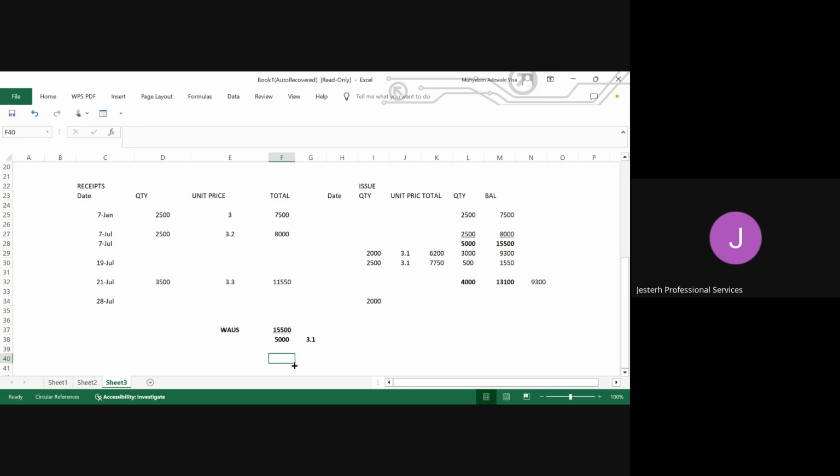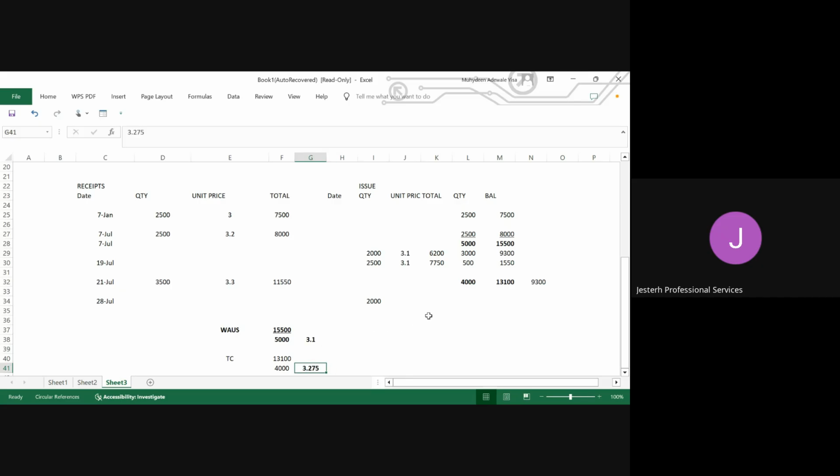Now, we will now say our total cost of the product we have in the stock, which is 13,100, then divided by the total units of what we have. So how are we going to do this? If you have calculator, then you can do it. 13,100 divided by 4,000 units. So it means we are issuing out these 2,000 at the rate of 3 naira 275.